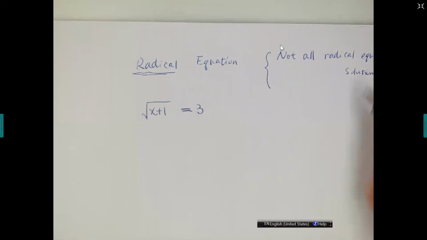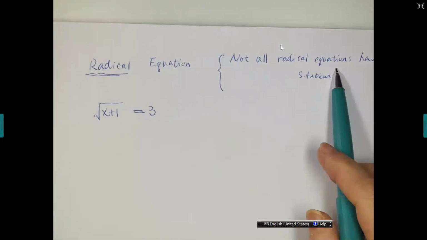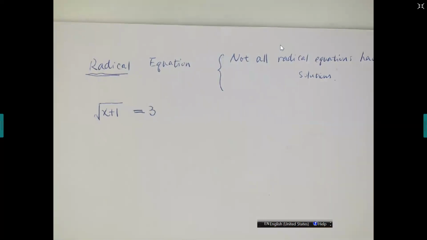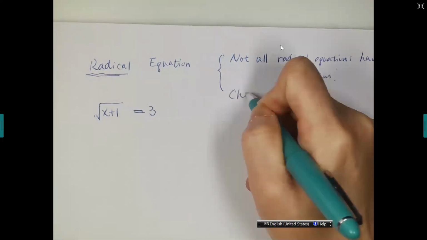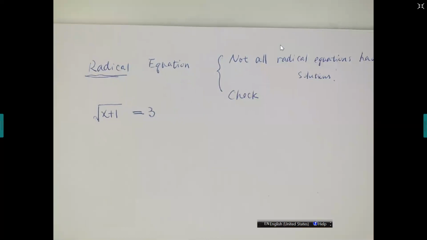It's very common that a radical equation does not have any solution at all. And another thing: when we try to solve it, we may end up with some solution, then we have to check if the solution we got is a real solution or not.